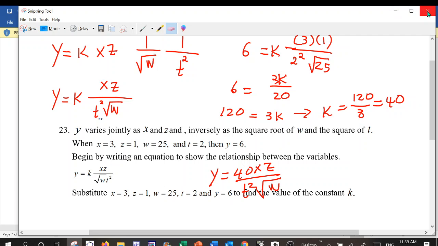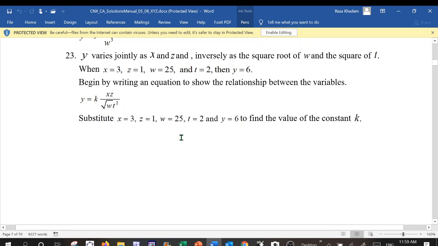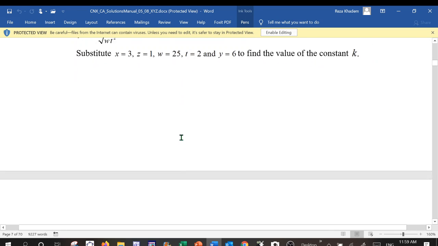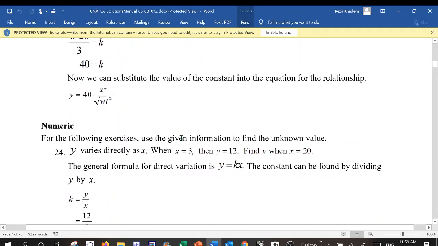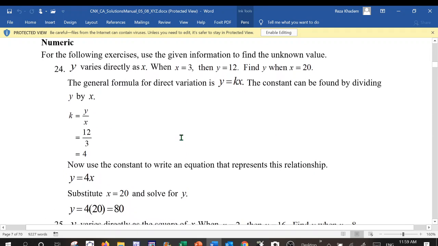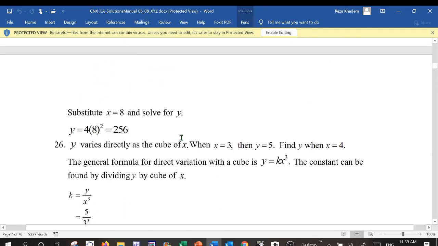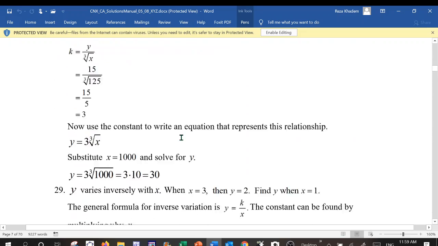All right, let's do an example of application of this. Let's see, we need an application.